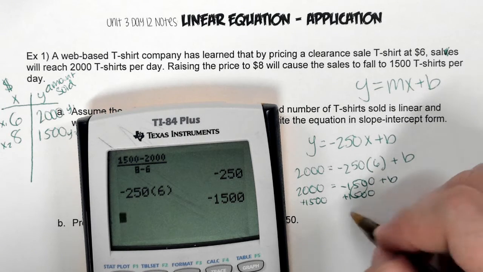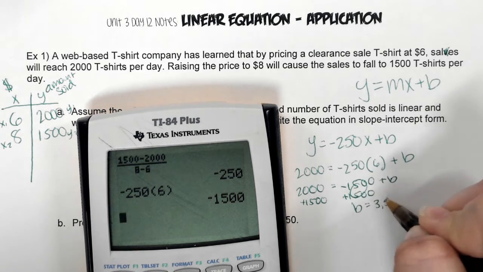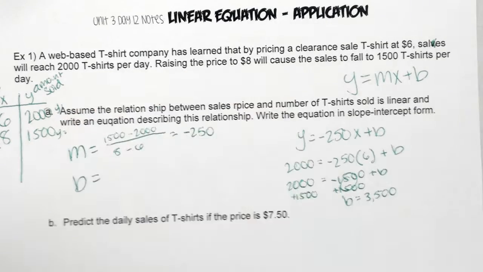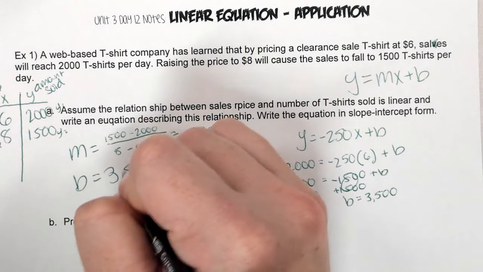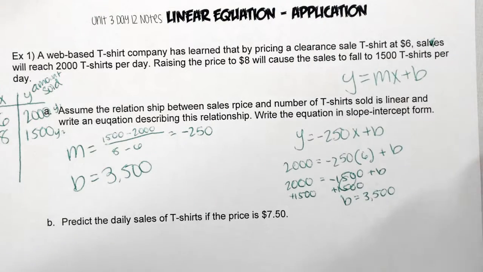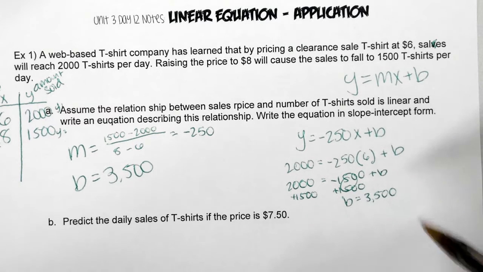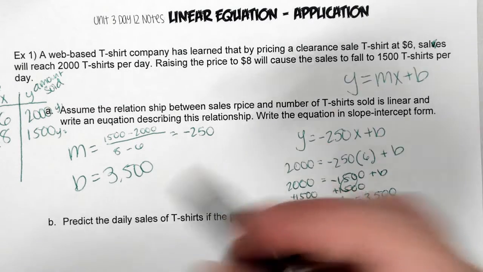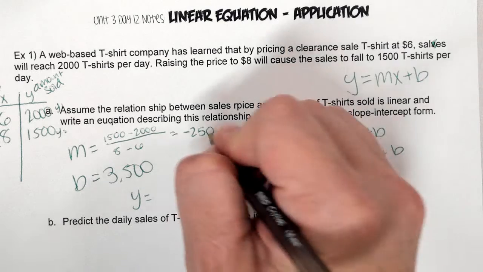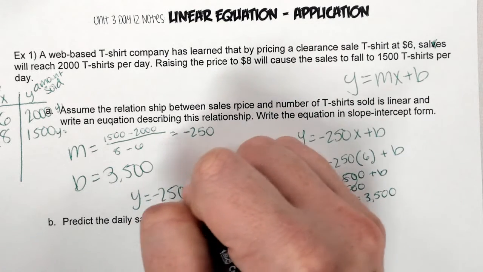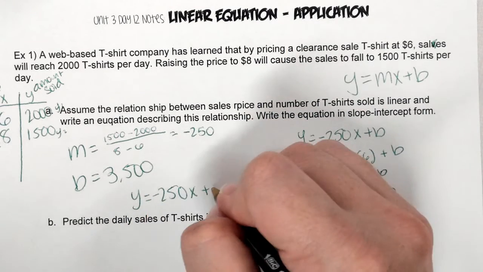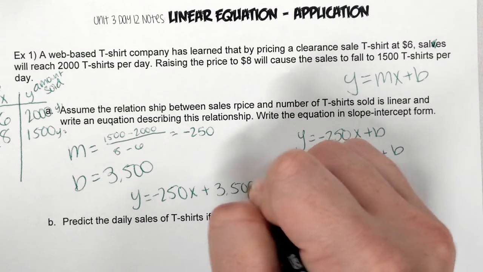And I get b equals 3,500. So knowing that, I have a line. My equation is y equals negative 250 x plus 3,500.